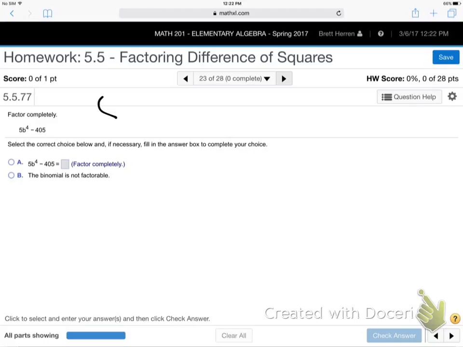All right, so 5b to the 4th minus 405. Yeah, that's a good exercise right here. Try this one. Try that one.